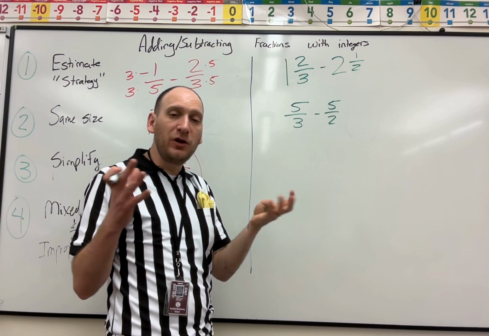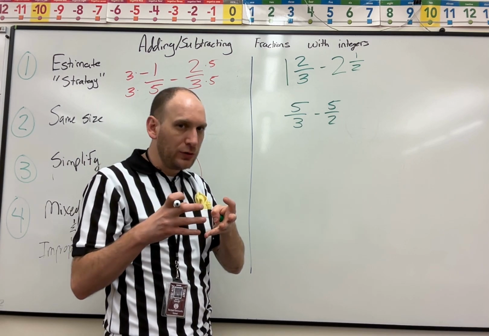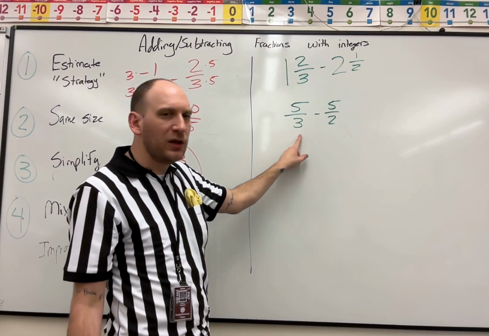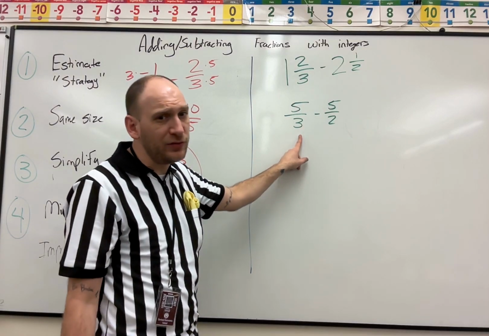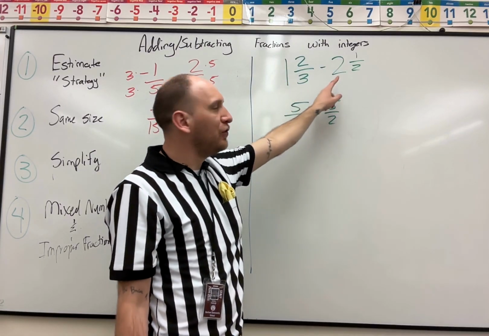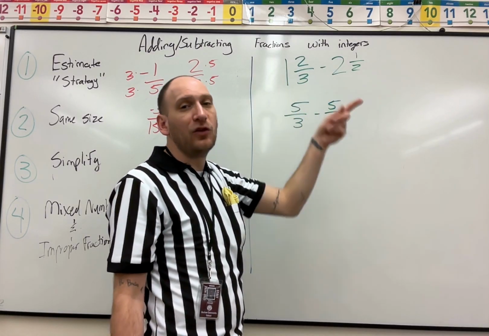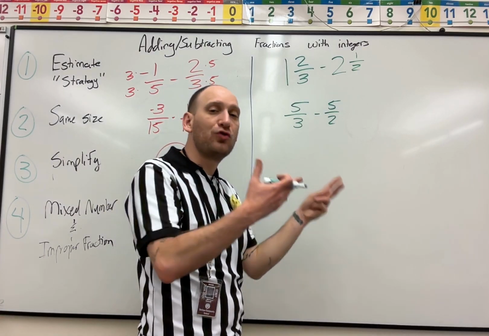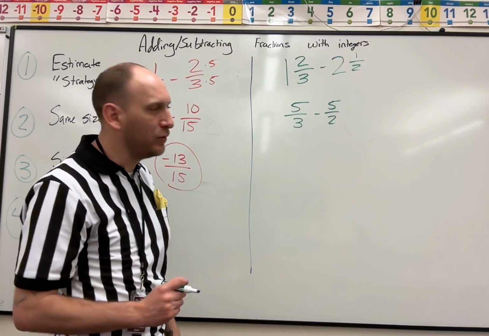So in this case, my number should be getting smaller, but we're not exactly sure right now from looking at this, should I be a negative or a positive? But if I look here, 1 something minus 2 something tells me that my answer should be a negative number because I'm subtracting more than what I started with.